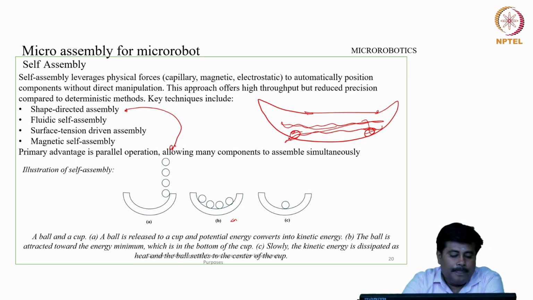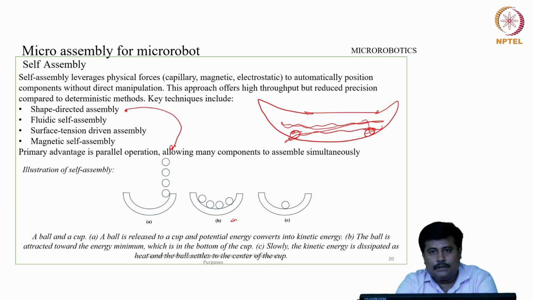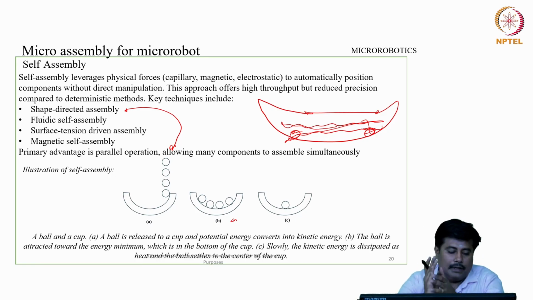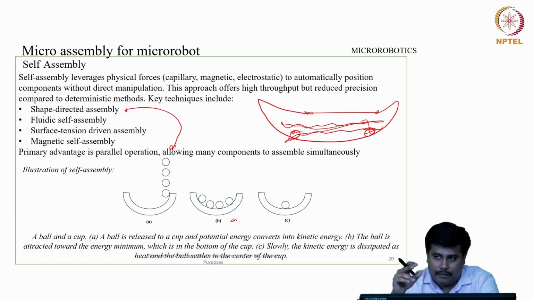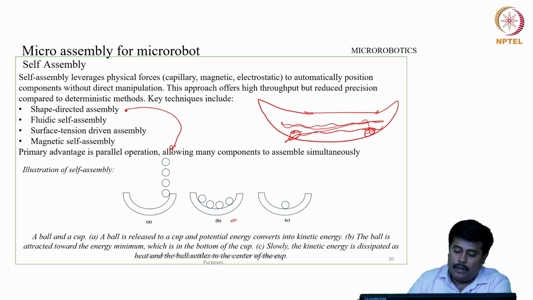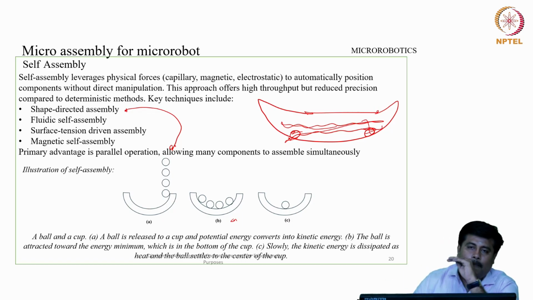Next is surface tension driven assembly. Based on the surface tension, appropriate assemblies can be adjusted. Then we have magnetic self-assembly. Through a magnetic field, we can appropriately align the system. As discussed, some of the major advantages of this system are parallel operation, allowing many components to assemble simultaneously.